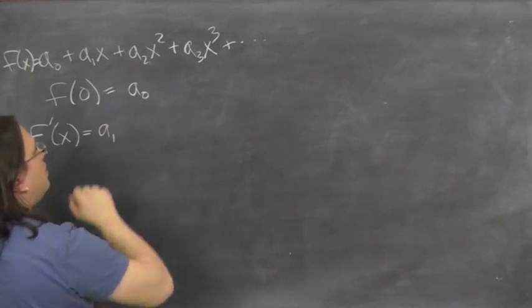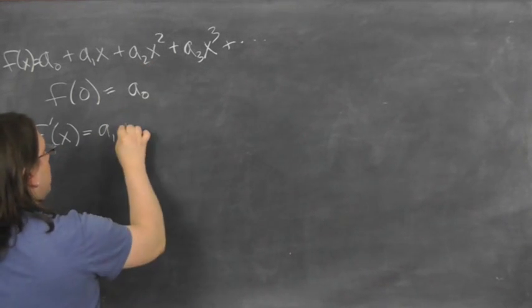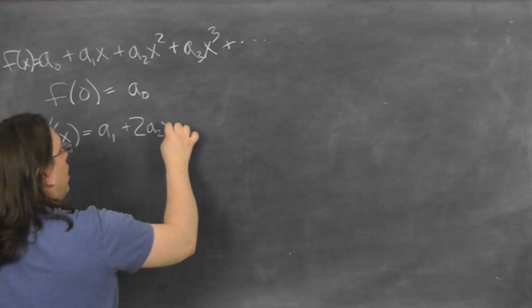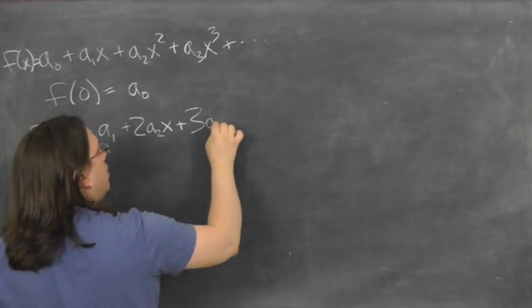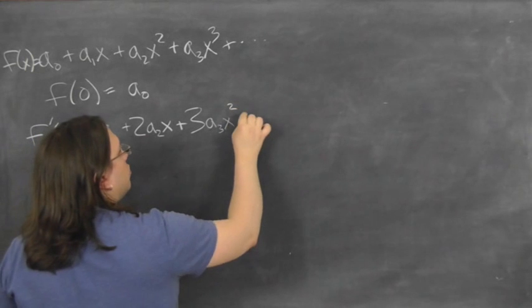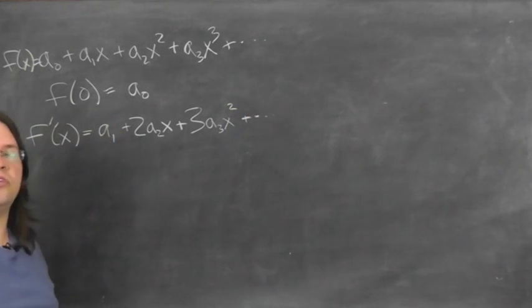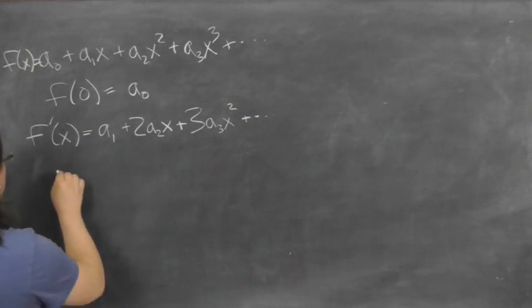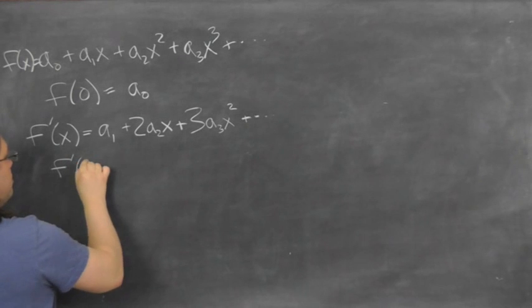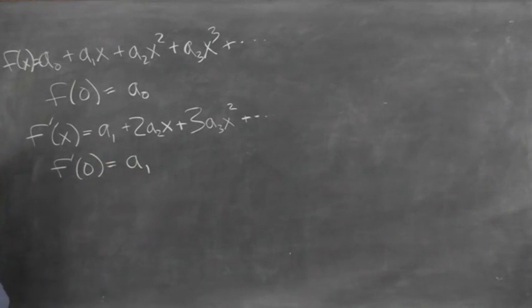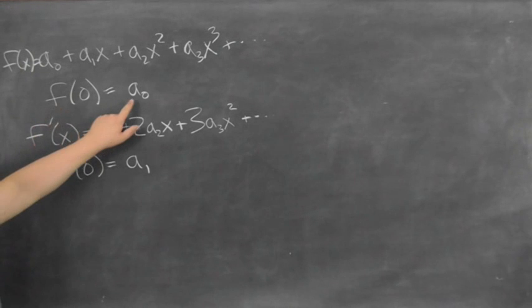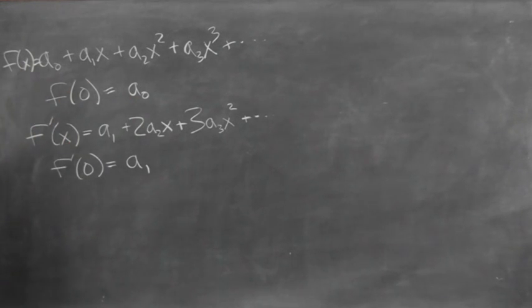If I take the derivative of a2x squared, I get 2a2x. And then the derivative here will be 3a3x squared. And that'll just continue on. So if I take the derivative and plug in 0, I just get back a1 in exactly the same way that I got back a0 when I plugged in 0 to f.